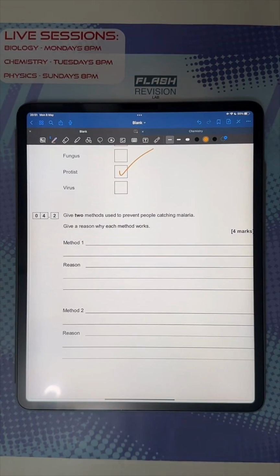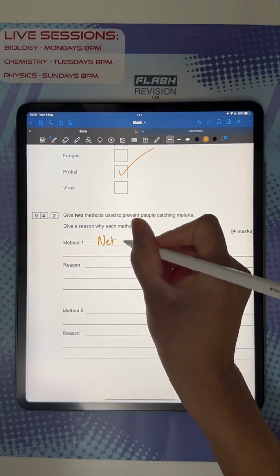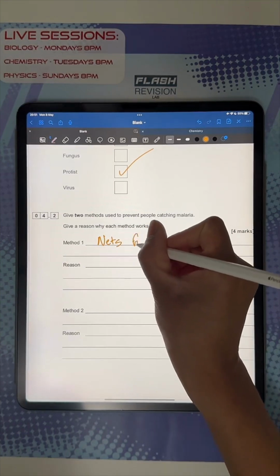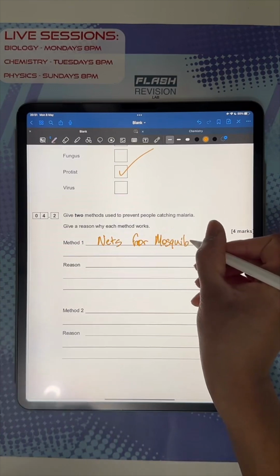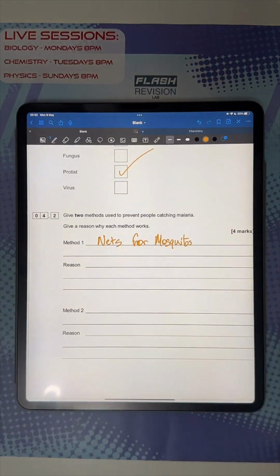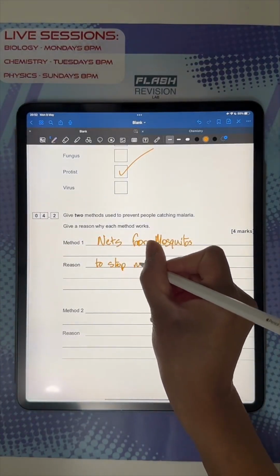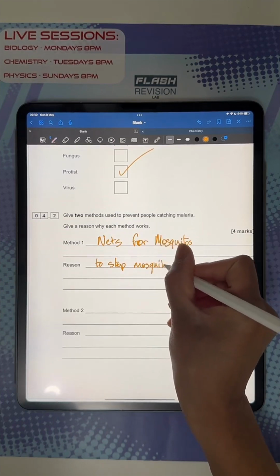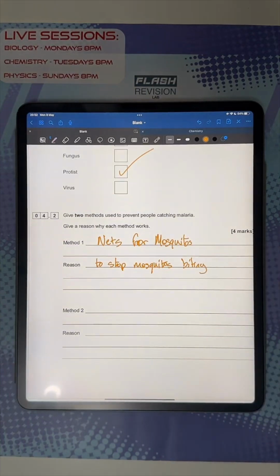We said nets. What would be the reason for using mosquito nets? To stop the mosquitoes biting, exactly. And another one.